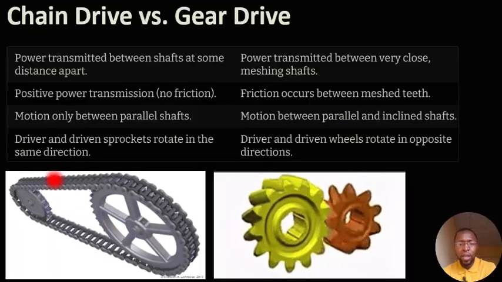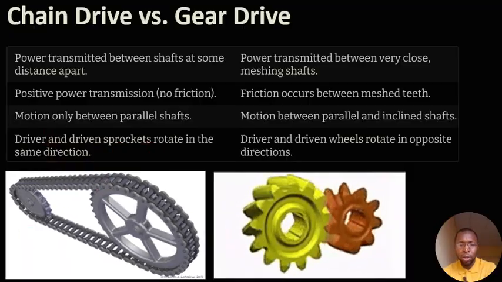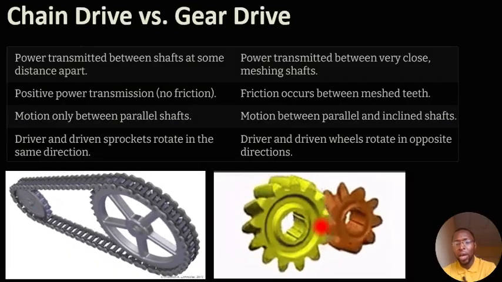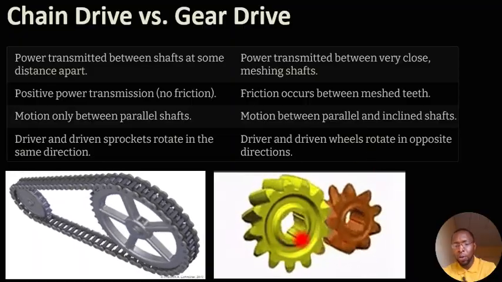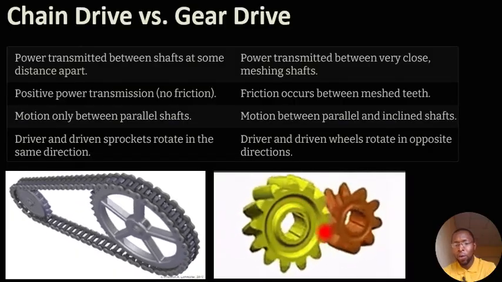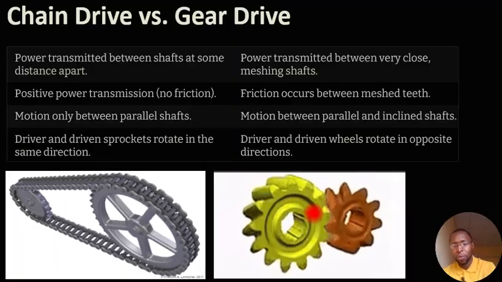And lastly, the driver and the driven sprocket rotate in the same direction. For chain, you can see the two of them are in the same direction. Meanwhile, for gear, the driver and the driven wheels are moving in opposite directions. This yellow one is moving in a clockwise direction, while the other one is moving in an anti-clockwise direction.